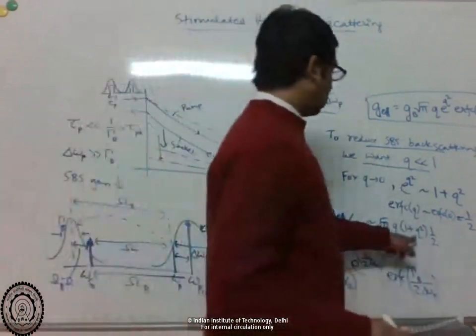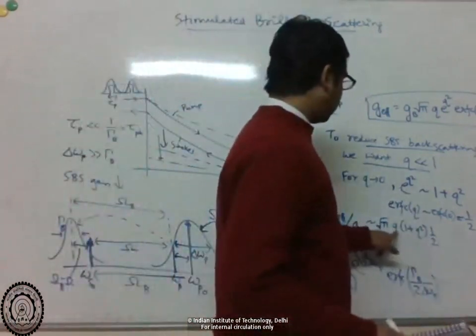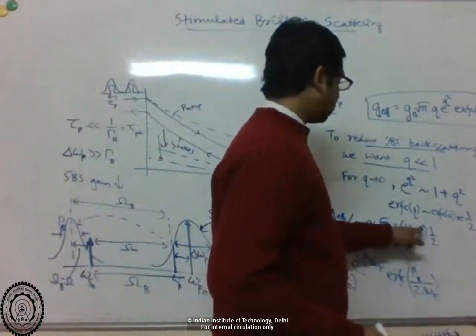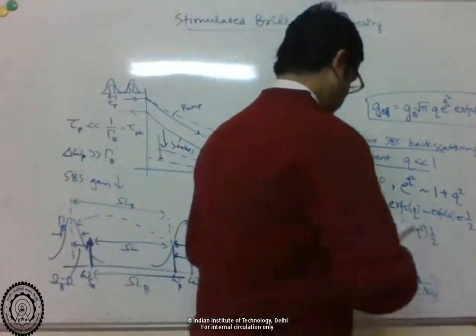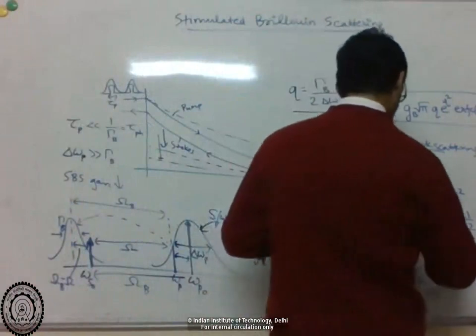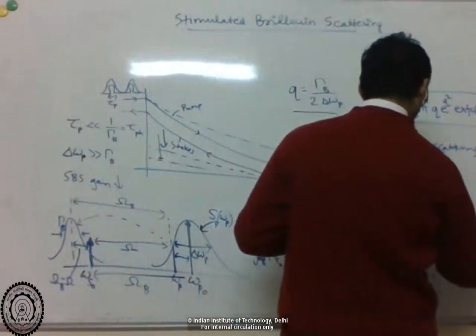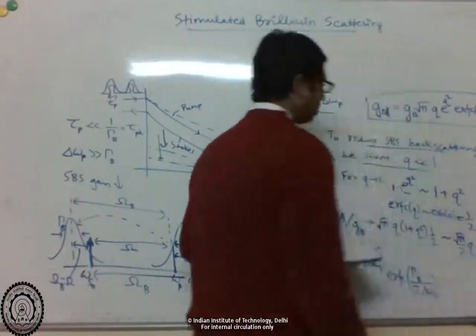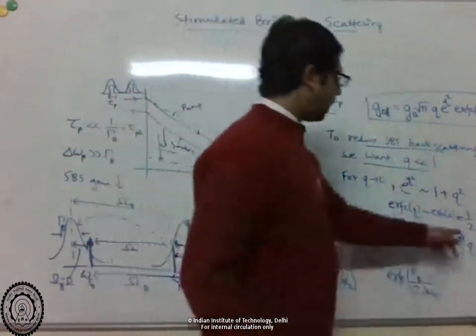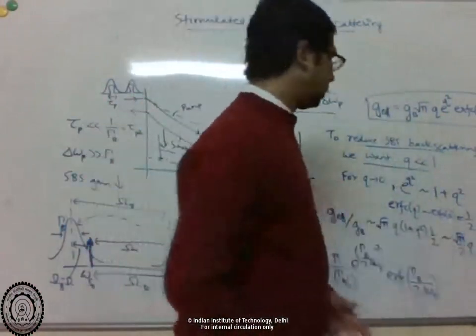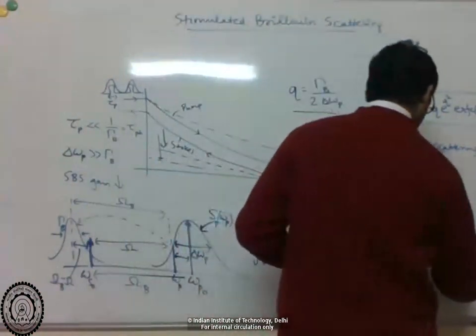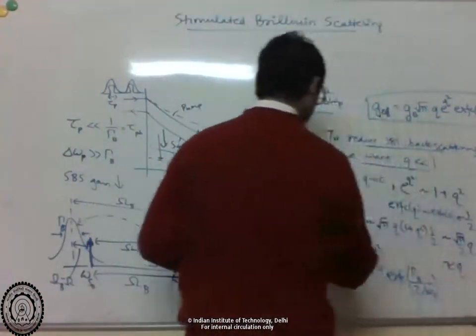Again, if Q is much smaller than 1, then Q is much bigger than Q squared, so we can neglect even the Q square here. So this goes as some square root of pi by 2 times Q. The square root of pi by 2 is close to 1, so you can approximate that the gain goes down by a factor of Q.